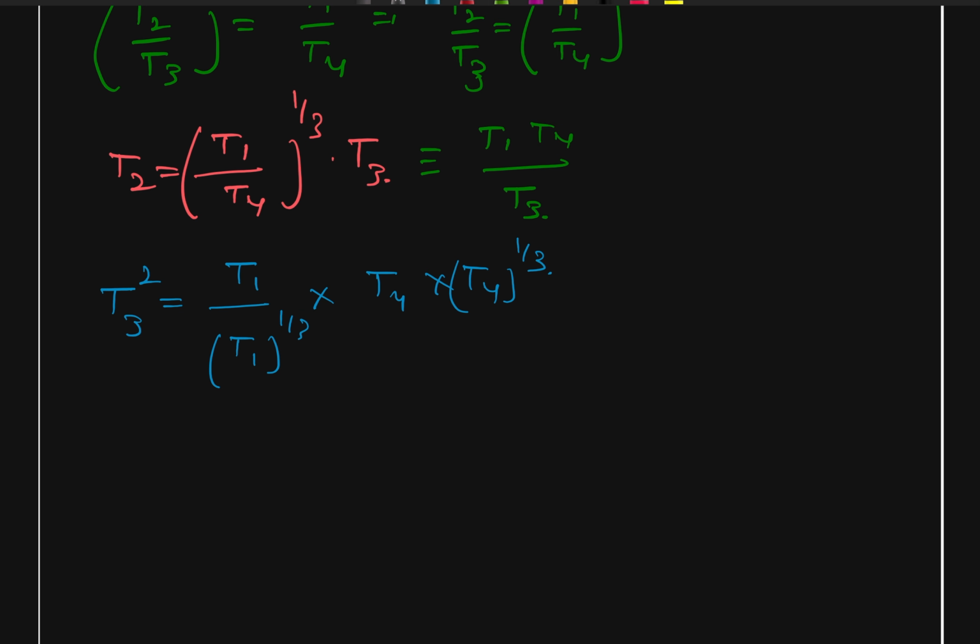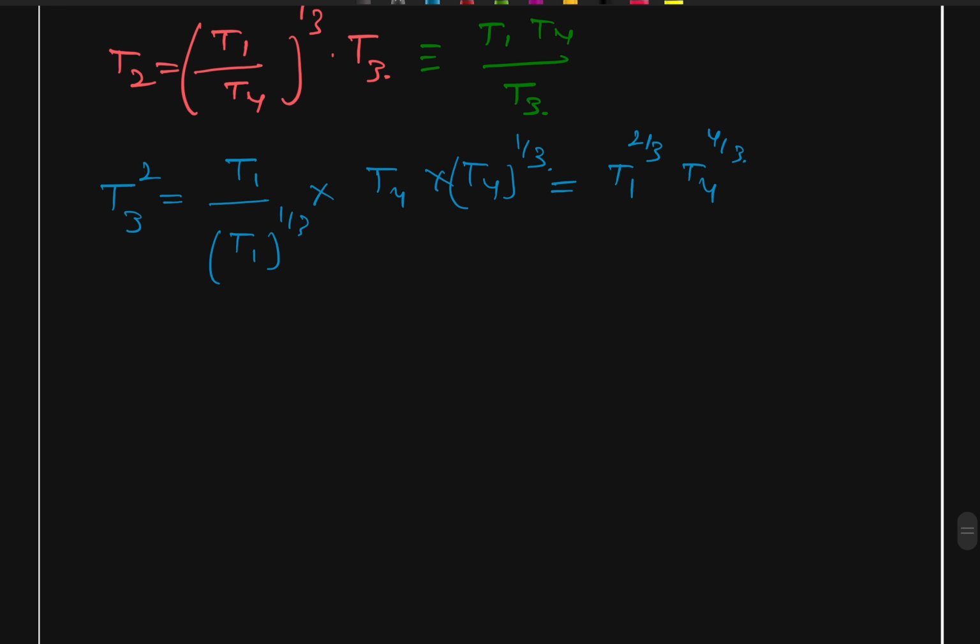And this gives us T1 to the 1 minus 1 by 3, that will be 2 by 3, and we have T4 to the 1 plus 1 by 3, which will be 4 by 3.